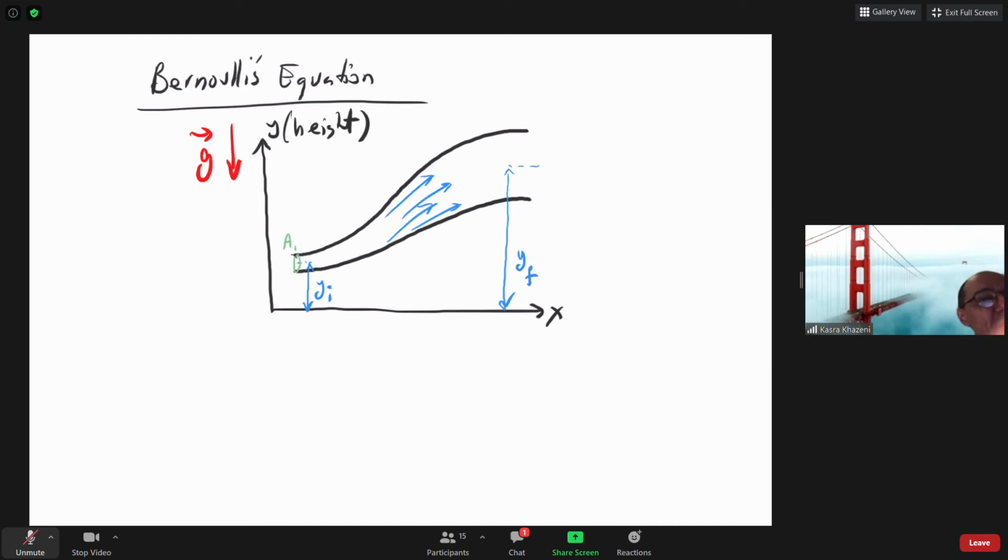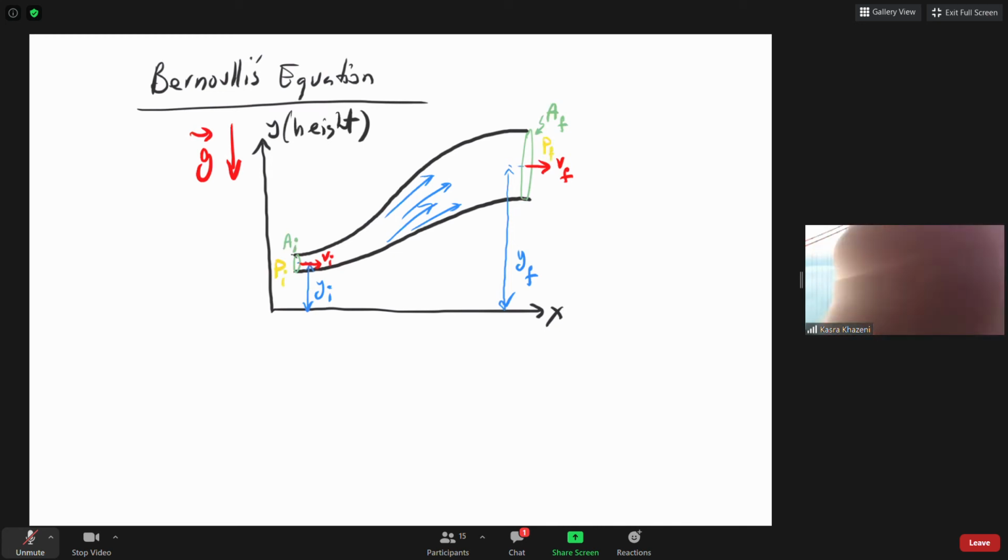The fluid has a velocity here, V initial. And then on the outlet, it has a V final. The cross-section area is A final. And going back to the inlet, there is also pressure at the inlet, P initial. And then pressure here is P final.